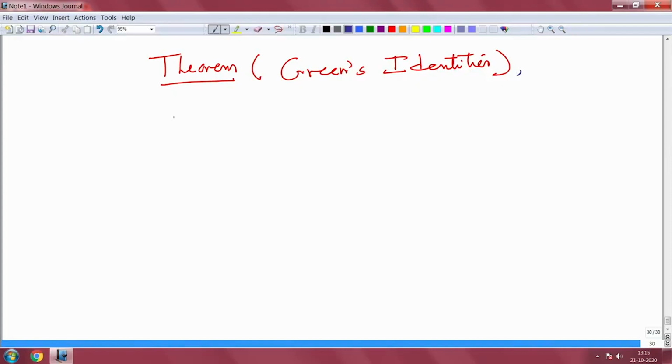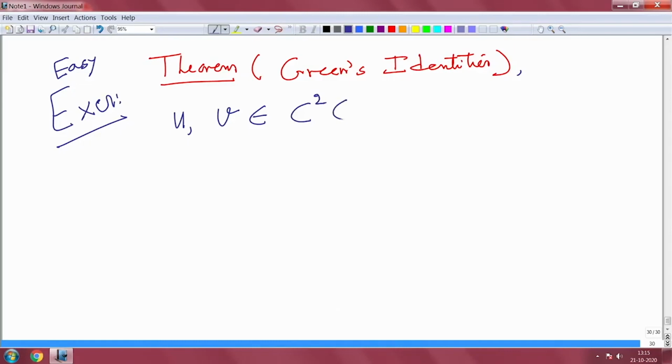So we are assuming u, v belong to C^2 of the closure of omega, and this is an exercise now. Assuming the previous result, this is an easy exercise, not difficult. Apply the previous divergence theorem, that is all.